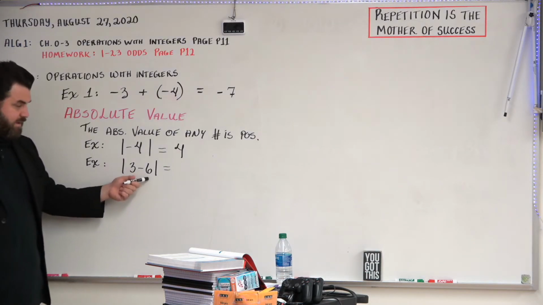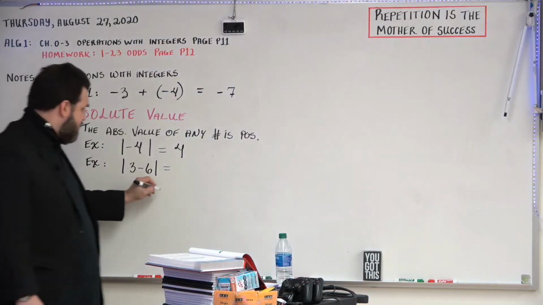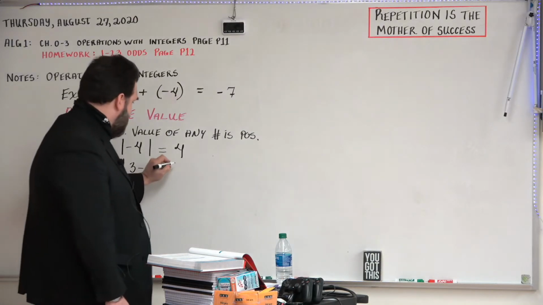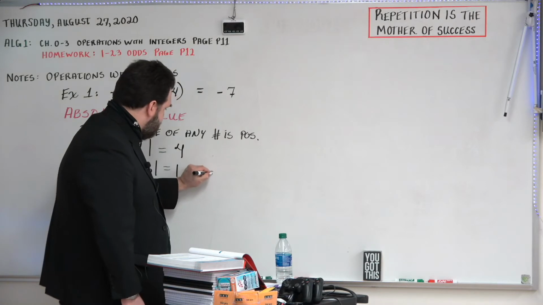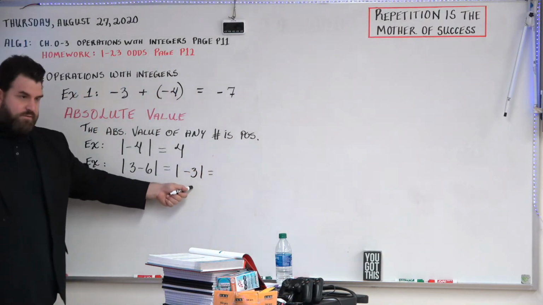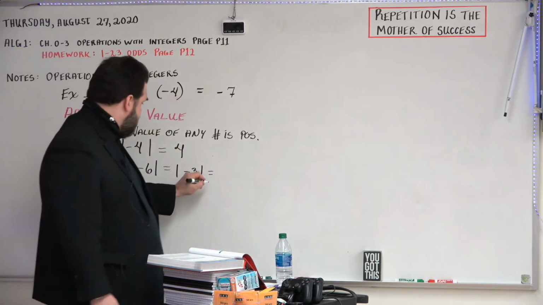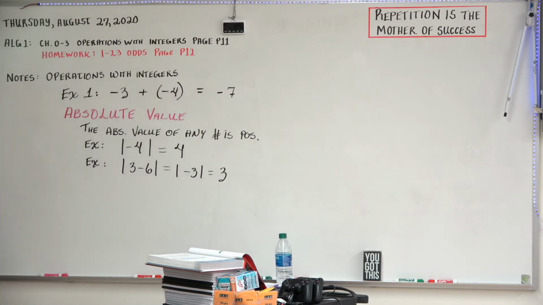So what is 3 minus 6? -3. So the absolute value of 3 minus 6 equals the absolute value of -3. And we know that the absolute value of any negative number is positive. So the answer is 3. Okay, so that's absolute value.